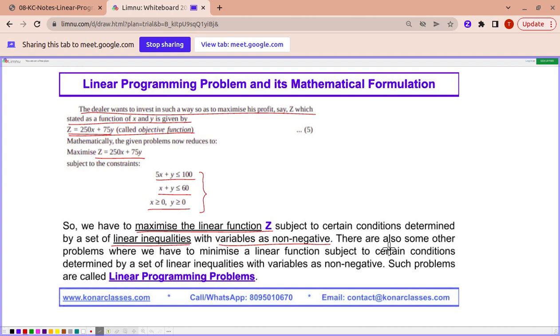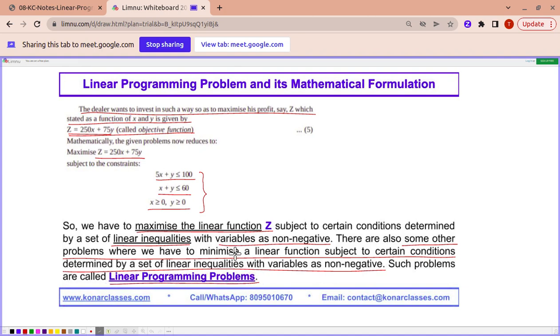So, in some other problems we have to minimize a linear function subject to certain conditions determined by a set of linear inequalities with non-negative variables. Such problems are called linear programming problems.